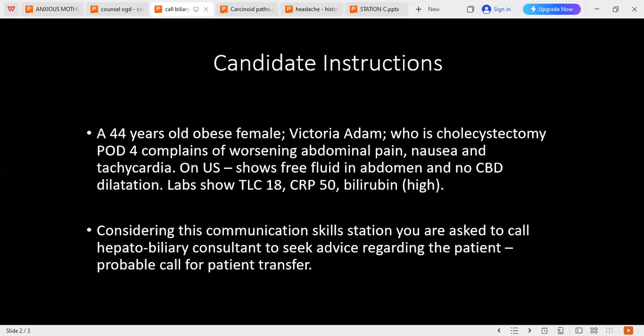If you could just tell me, the dye is injected through where? Through the ampulla of Vater. Yes, very good. And then how will a bile leakage be shown? It will show that the bile is leaking into the abdominal cavity. Yes, and that will be seen through extravasation of the dye.